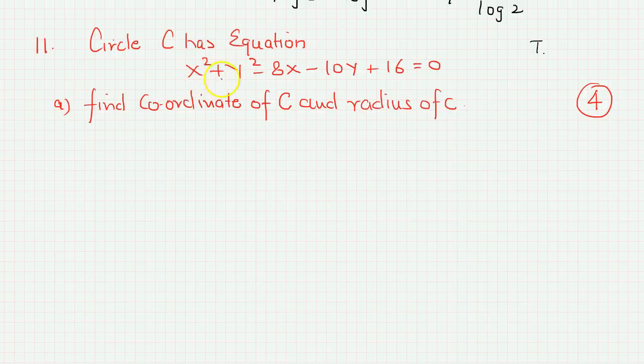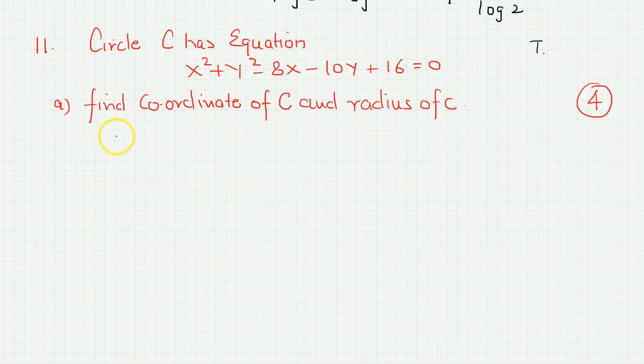Whenever we have a circle in the form of x square plus y square plus 8x and y and the number, the best way is to separate the x terms and the y terms.